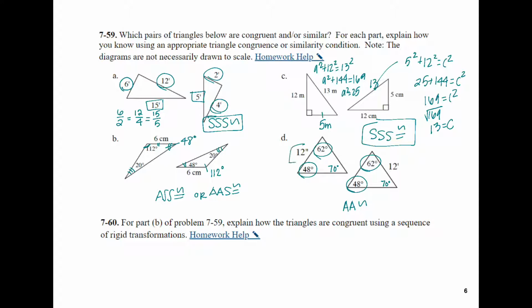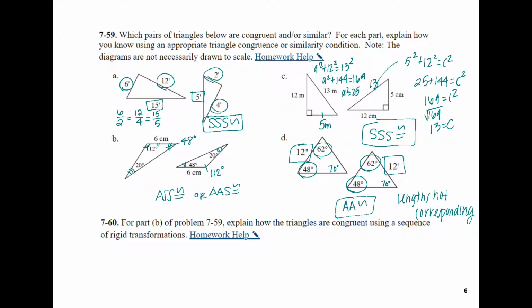However, when I look at this 12, I notice that the two lengths are not corresponding, meaning they are not the same side. So we can say that these two triangles are similar, but we can absolutely not prove that they are congruent.